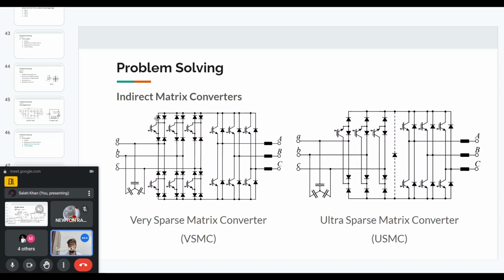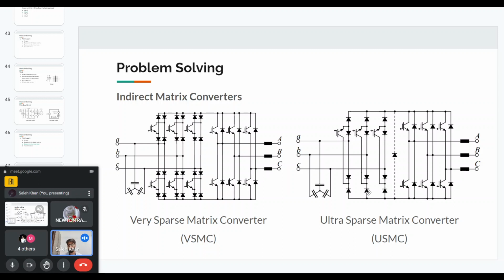From three we went to two control switches, but the diodes we are increasing. So this has eight diodes in each leg. And the ultra sparse, again, we are reducing the number of switches. So it has only one control switch and three or four diodes. So this ultra sparse has the lowest number of switches.